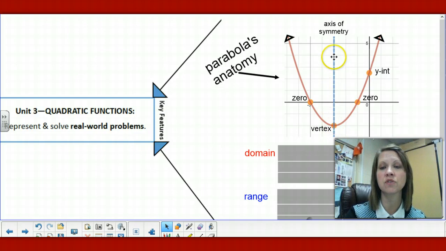The axis of symmetry, that line that cuts it in half. The y-intercept, where the line crosses the y-axis, and the zeros, which we have called before the x-intercepts. If you have any questions, let me know before you take your quiz tomorrow, and I'll see you then.